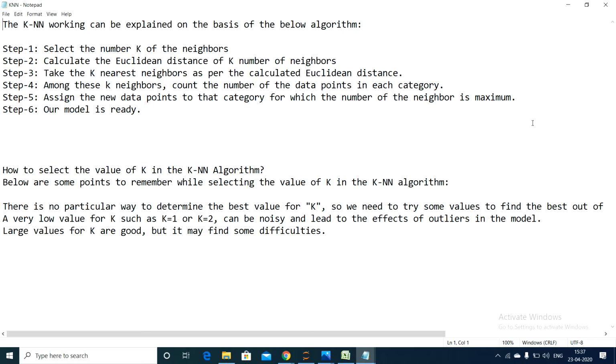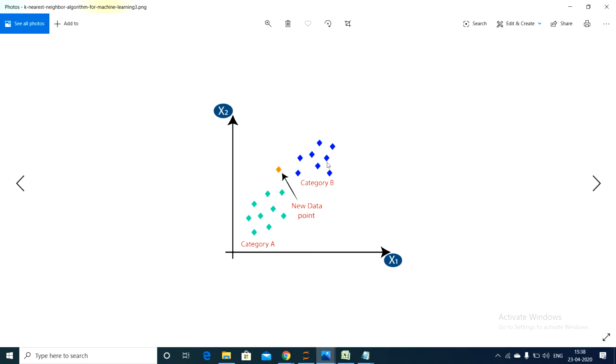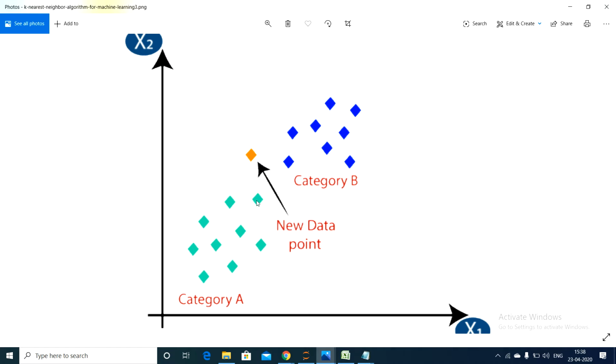Our model is ready. Let me get on to that. If you see this diagram, I will explain it. As it says, first select the k value. What does KNN represent? K nearest neighbor, right? So here we need to select the k value. Generally, you see this point here in orange color.